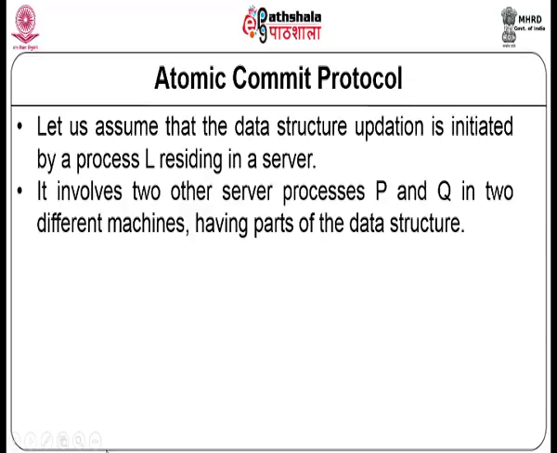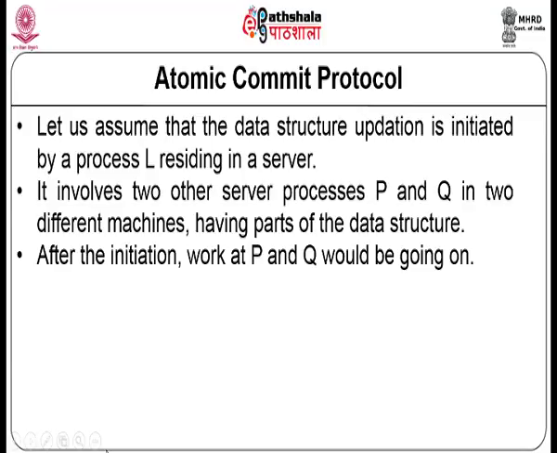Let us also assume that there are 2 servers involved, P and Q. These 2 servers reside on 2 different machines in geographically dispersed locations, and both contain a certain part of the data structure. After the initiation by the server or client process L, some work will go on in P, and some other work will be going on in Q.